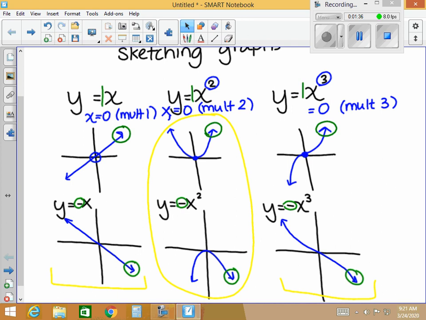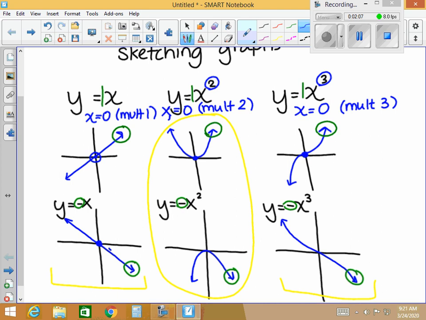Now, the multiplicity of a zero or of a root, root's the other way we can describe that, tells us what's going to happen to the graph at that point. If the multiplicity is an odd number, like multiplicity 1 or multiplicity 3, then our sketch is going to cut through, starting either below and going up above the axis, or starting above and cutting through to below.